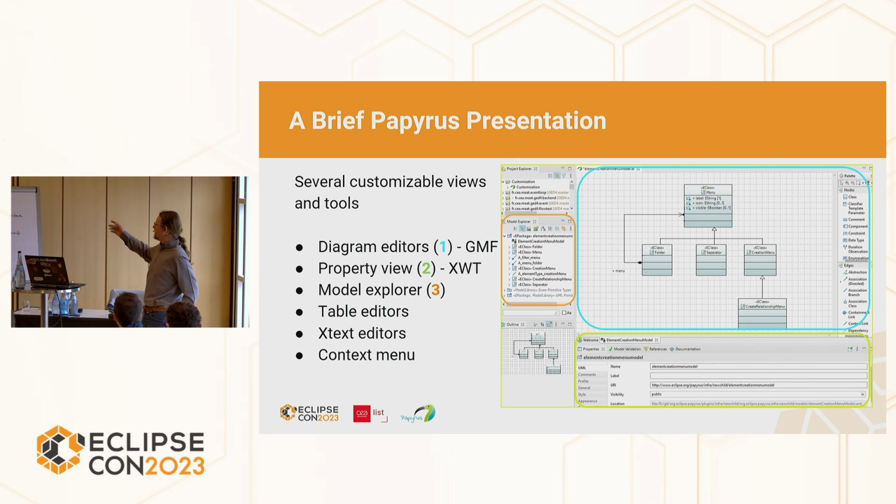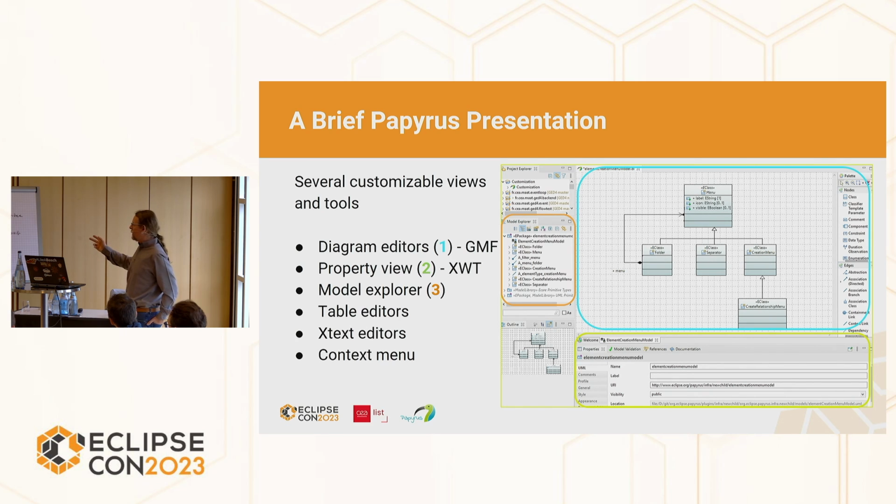On the left of this editor, you have the palette with the tools to use to create nodes and edges representing UML elements for your model. And at the bottom of the area, you have the property view to edit this element, to edit reference, label, and so on.